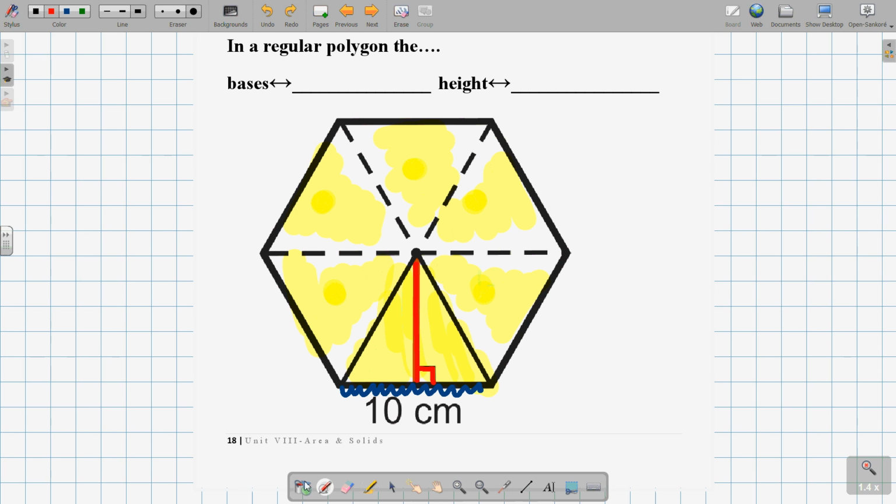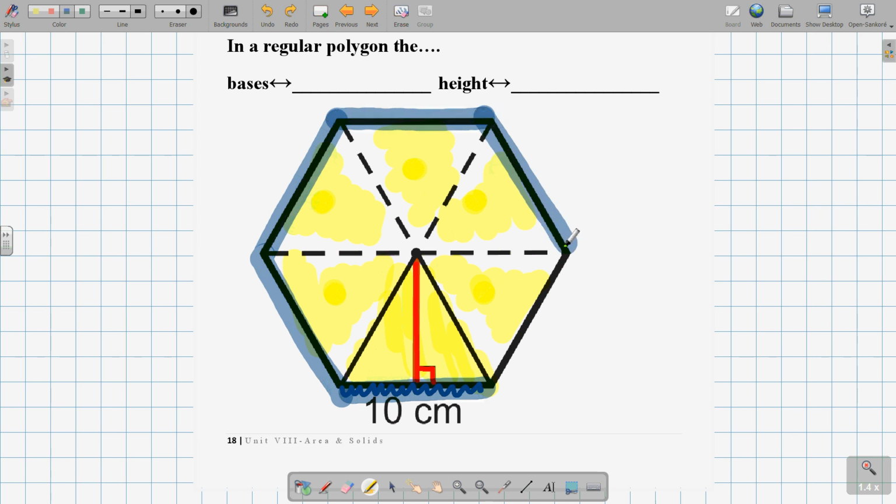Here's the short way. If I want to find the base of one triangle, ready? Trace, say base. That's the base of that triangle. Keep going. Base of that triangle. Trace all the bases all together.